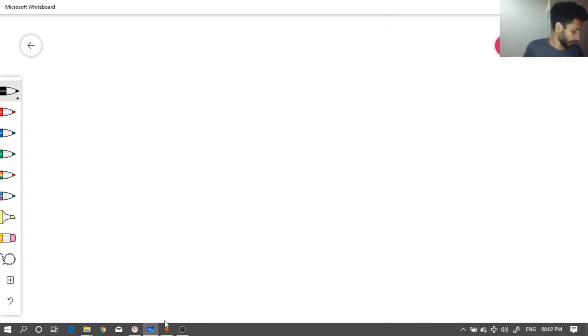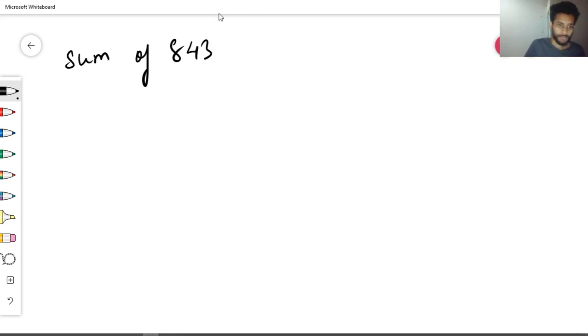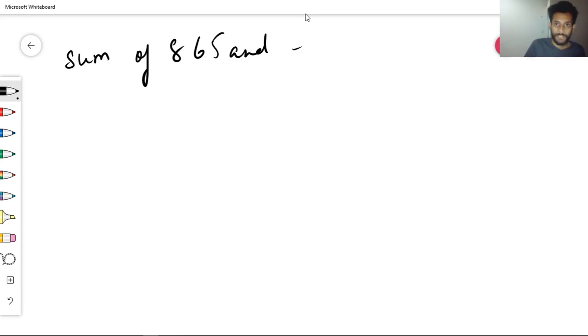So next, what we have to do is subtract the sum of this from the difference of this. So we first have to find the sum and also the difference of these numbers. Sum of 865 and minus 493.